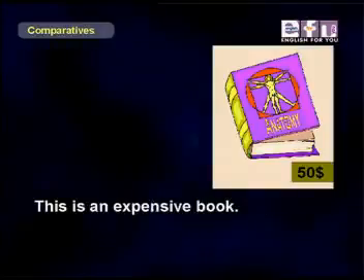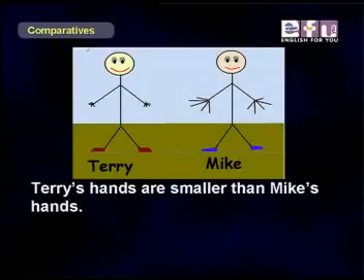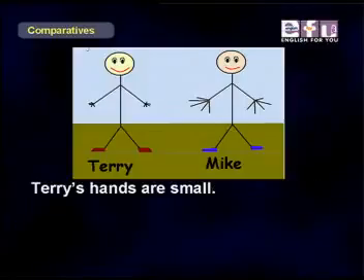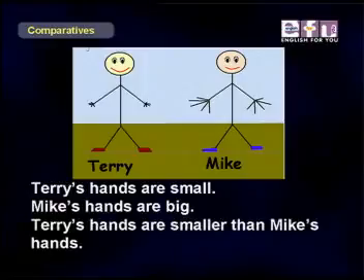This is an expensive book. So this book is cheaper than that book. Next example. Terry's hands are smaller than Mike's hands. Terry's hands are small. Mike's hands are big. So Terry's hands are smaller than Mike's hands.